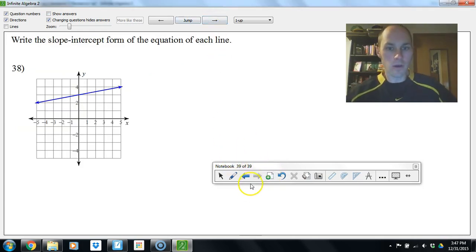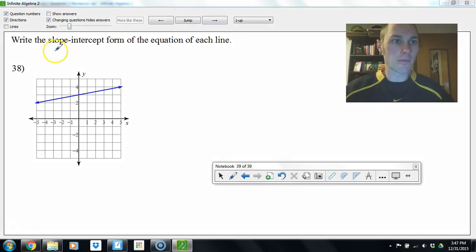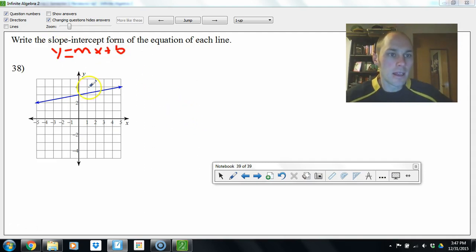Write the slope-intercept form of this equation. Remember, slope-intercept form, y equals mx plus b. At this point in the semester, you should have a good handle on that. So, y equals, let's start with our intercept. What's our intercept? Where does it cross? It's at 3.